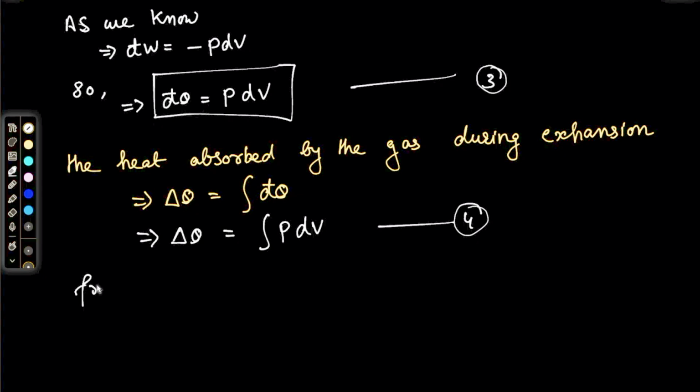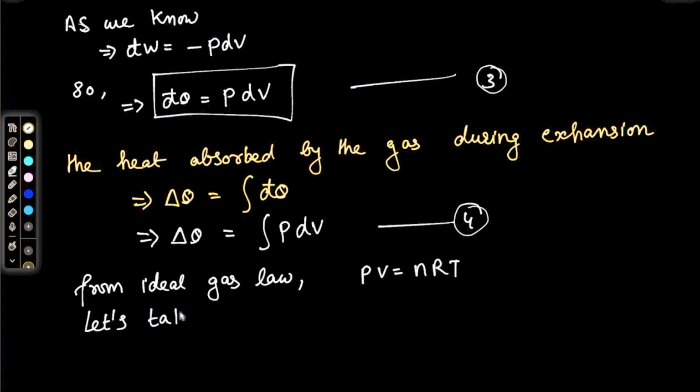Now from the ideal gas law, PV equals nRT, where n is the number of moles, R is the gas constant, and T is temperature. For simplicity, let's take n equals 1.